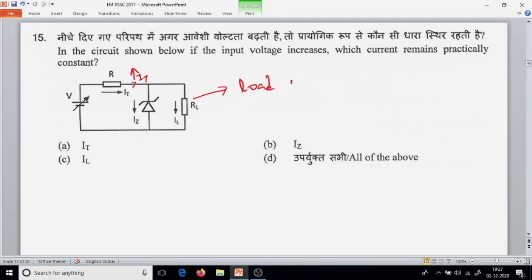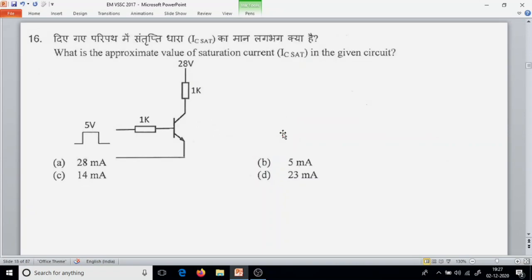When the load is fixed, IL can't vary. IL is fixed. Then what varies? The zener should take whatever extra current is coming in. That is IZ, IZ will vary. So the answer is B.